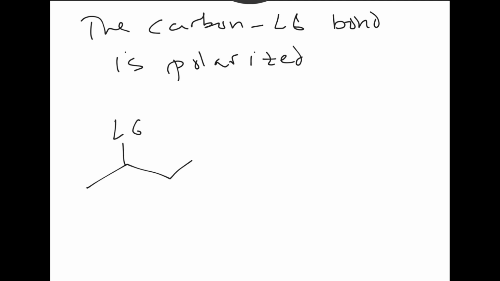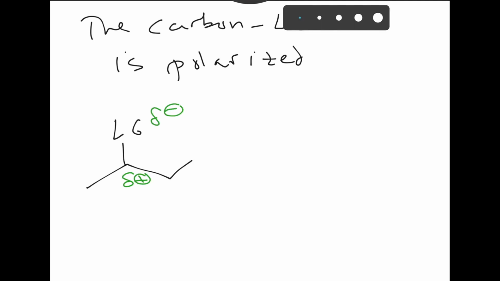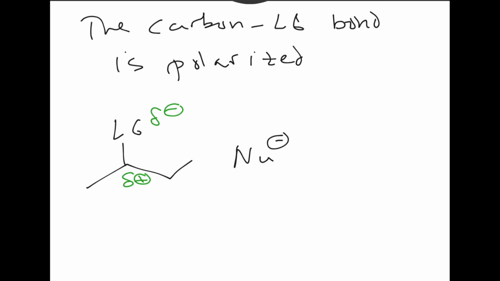So like I said, this is going to be slightly negative, and this carbon is going to be slightly positive. If you're a nucleophile, you want to add to the most positive thing that you can. So having your carbon leaving group bond polarized gives you a positive carbon for your nucleophile to add to. If that carbon is not positive, the nucleophile doesn't know where to go. It has to have a positive carbon to want to add to.